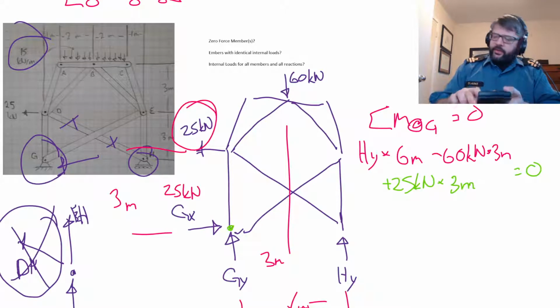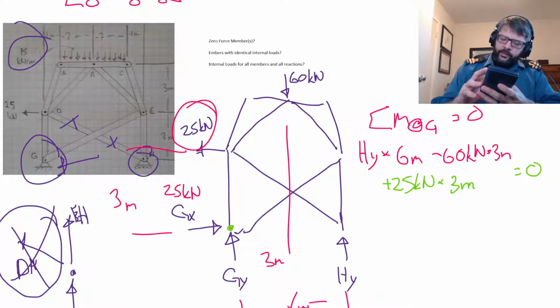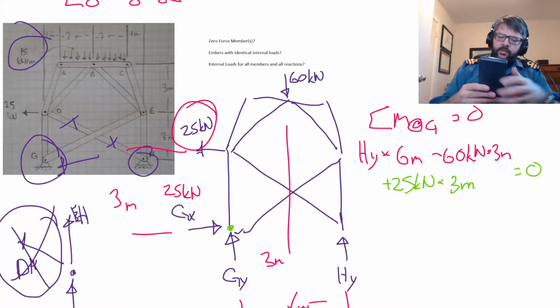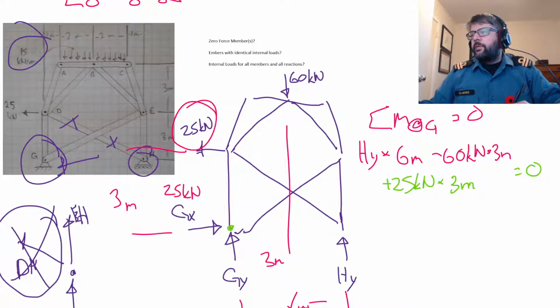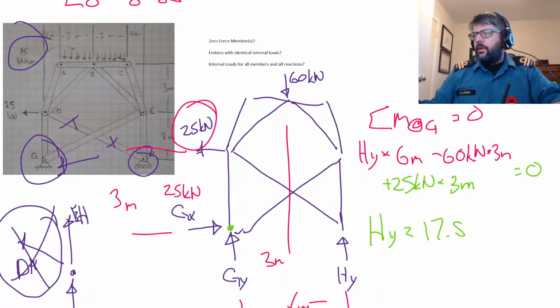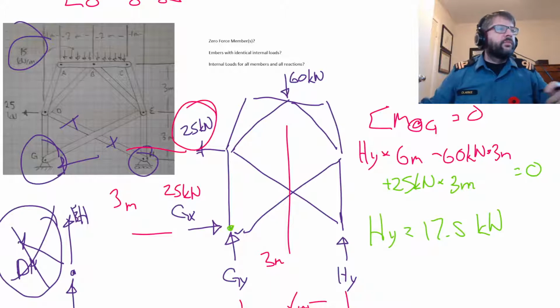Solving for HY, that's just going to be 60 kilonewtons times 3 meters minus the 25 kilonewtons times 3 meters, divided by 6. So HY is going to be 17.5 kilonewtons.